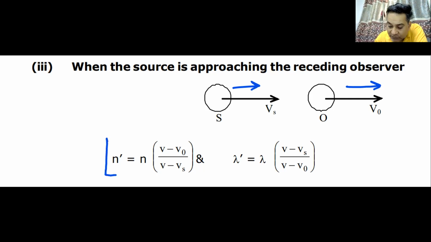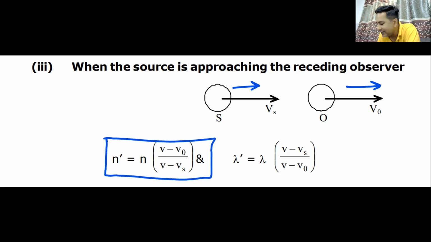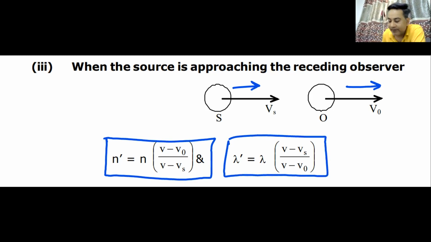We put both the cases together and, thank God, in this case the formula is given correctly. Do we understand this? The formula for frequency and the formula for wavelength are correct here. In the formula for frequency, V minus Vs goes in the denominator and V minus V naught comes in the numerator. Do we understand this?